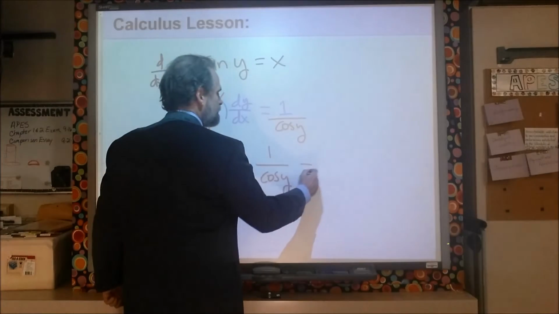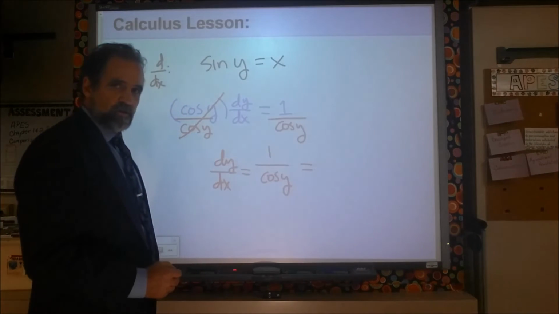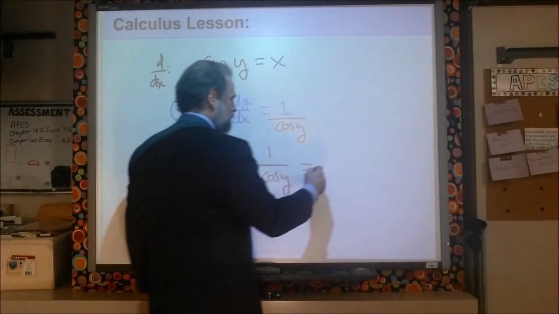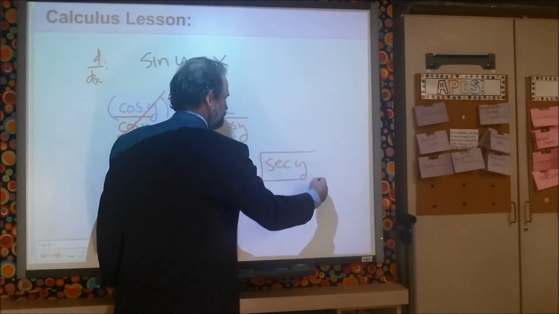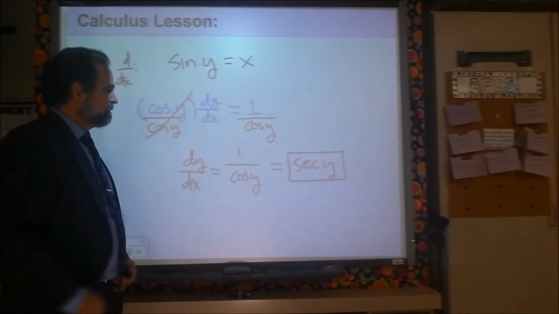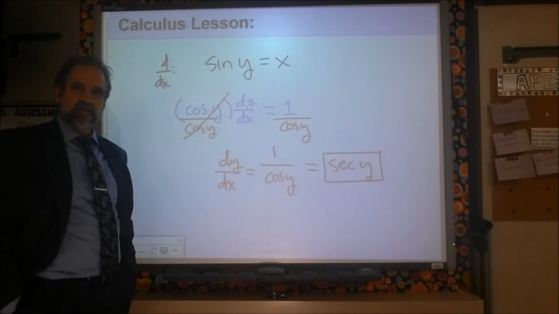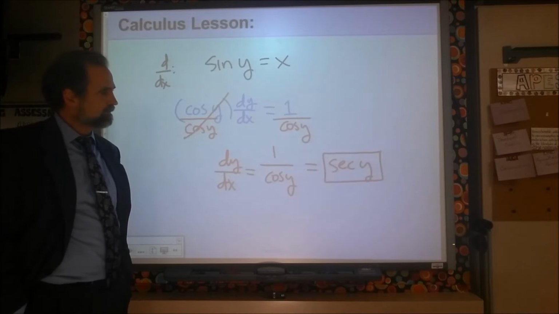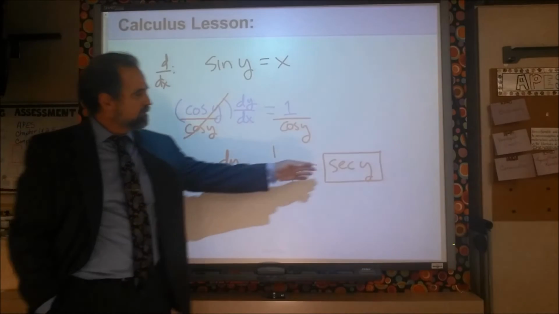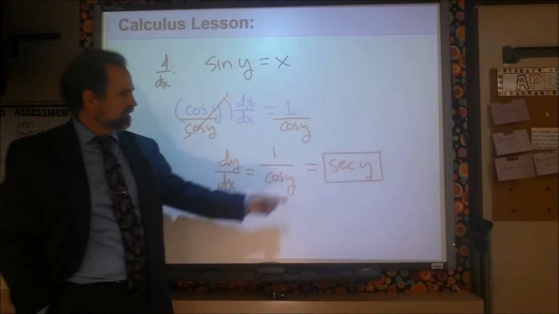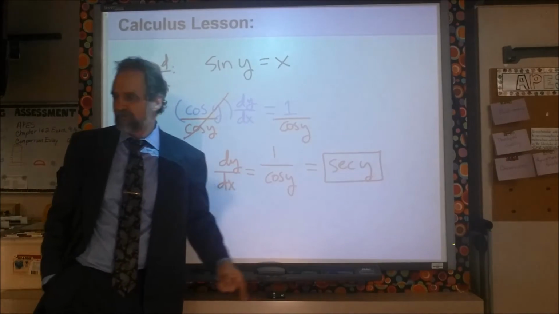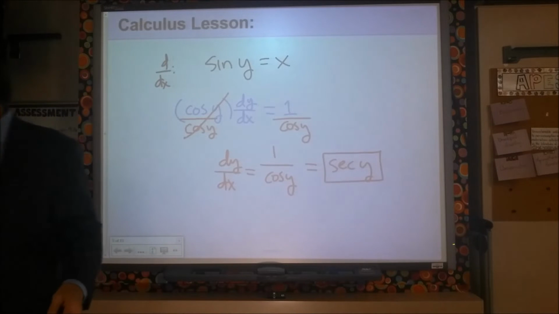So a better answer would be this in its equivalent form, the secant of y, because that's what 1 over cosine is. This is right, but this is better, because it's one thing and easier to read. Okay? Let's look for another.